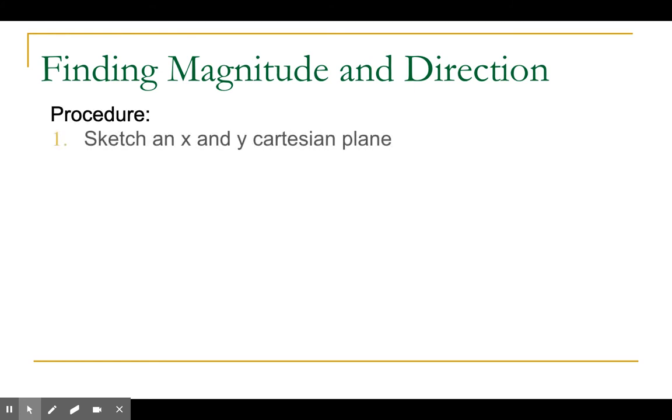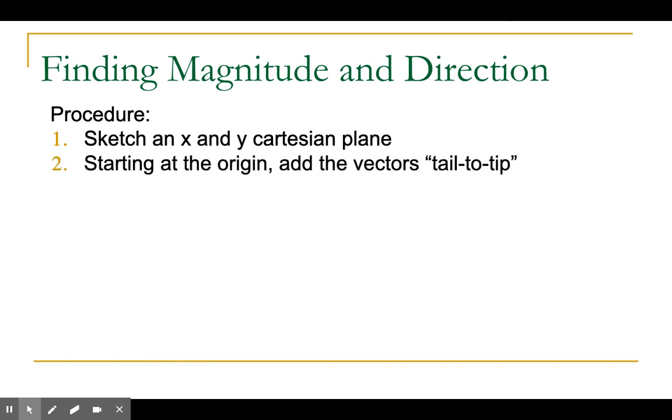The first step is to sketch an XY Cartesian plane. Starting at the origin, add the vectors from tail to tip. Whether there's 1 or 4, each vector is added from tail to tip, representing the magnitude by the length of the vector and the direction by the orientation in which it's drawn.